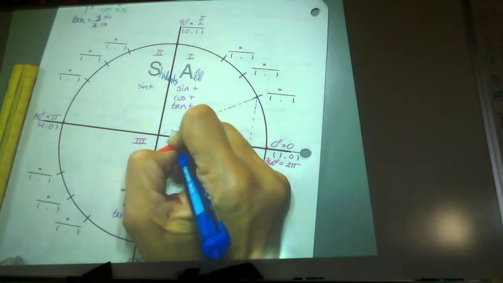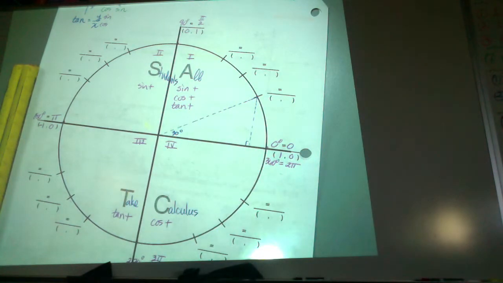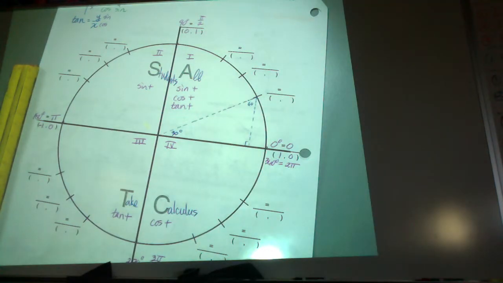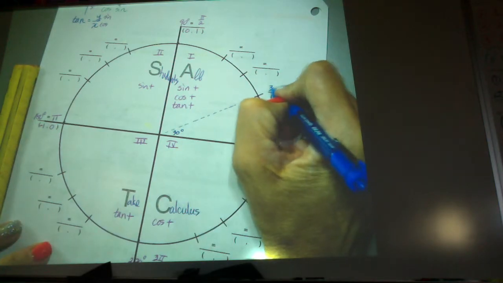This is my 30 degrees. So if that's 30 degrees, isn't this 60 right there?